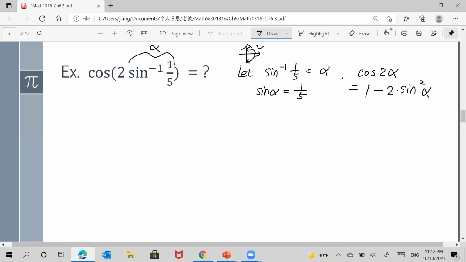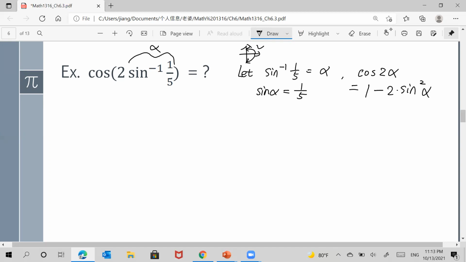So if sine alpha equals 1 over 5, just plug in the expression here. We don't need to find cosine alpha. We just need to find sine alpha and then find cosine 2 alpha. The question is asking about cosine 2 alpha.